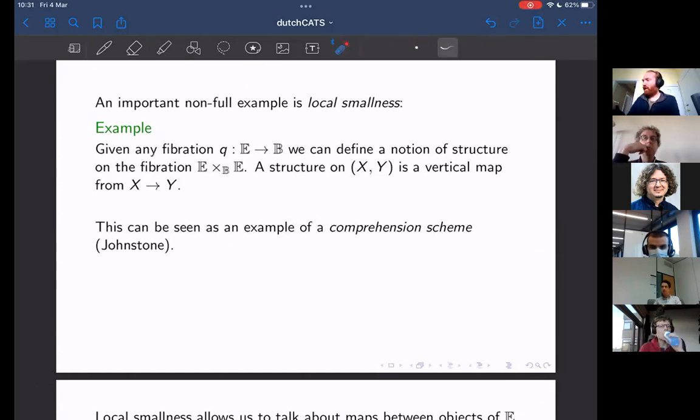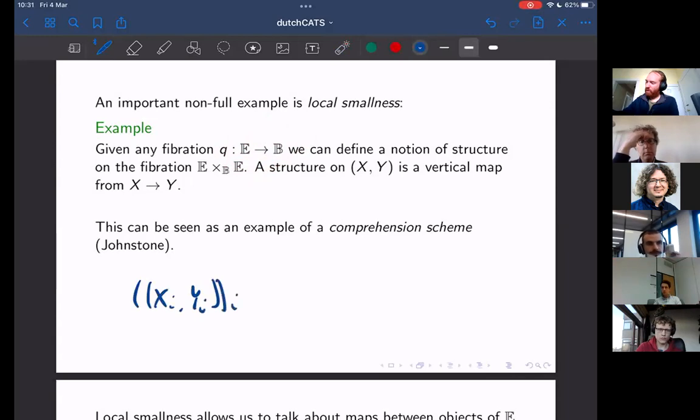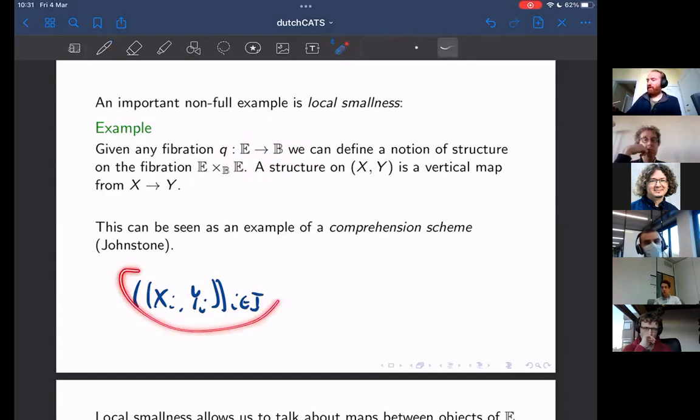So if we have a fibration E to B, E over B, we can define a new fibration, which consists of pairs of families of objects over the same indexing set. So in set indexed families, it'd be something like x_i, y_i, that's just the illustration for set indexed families.